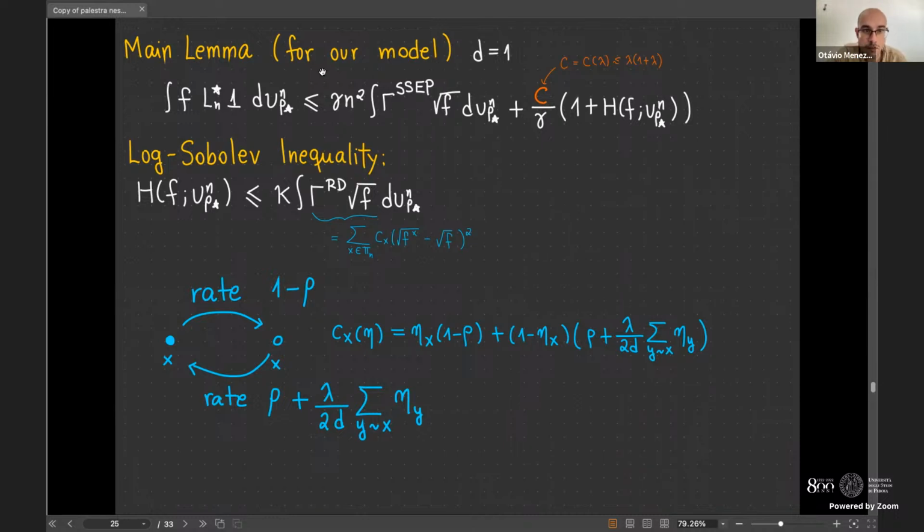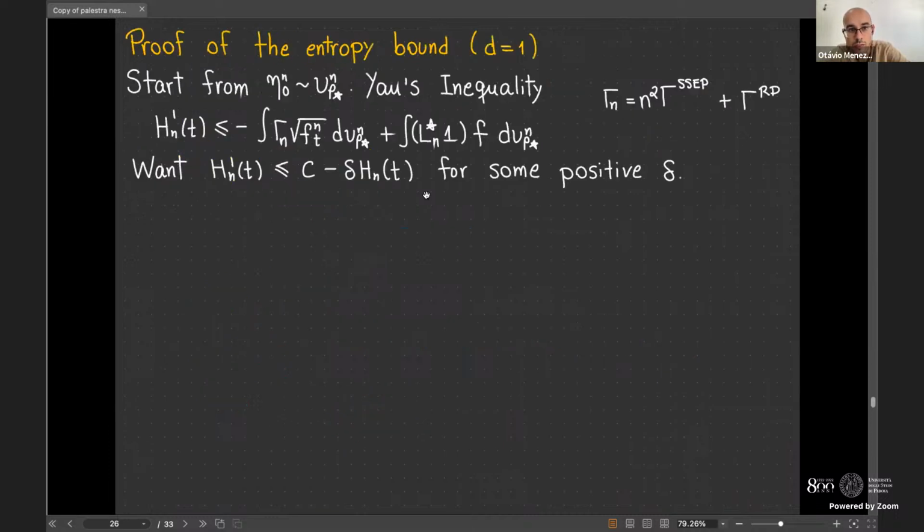And if you can combine this sort of analytic estimate with a log-Sobolev inequality, then you can say something about the entropy that is good for all times and push it to the entropy at the stationary state.